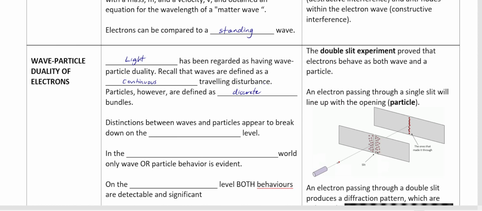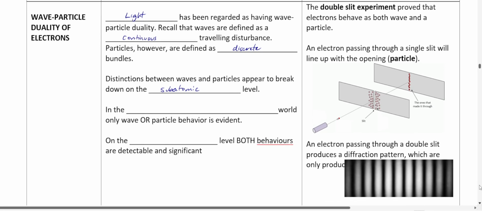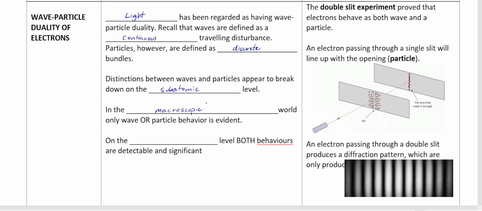Now, when we get to the subatomic level, the distinction between wave and particles seems to disappear. In the macroscopic world, the large-scale world, only wave or particle behavior is evident, but at the subatomic level, both behaviors are detectable and significant.